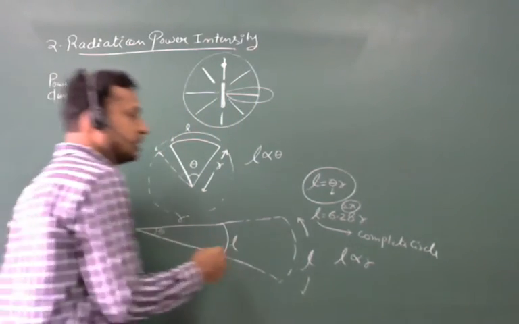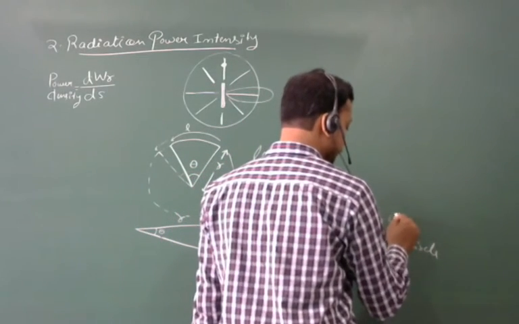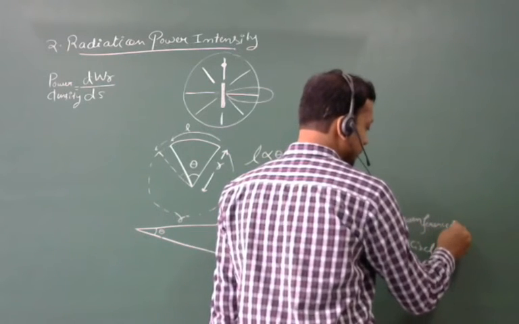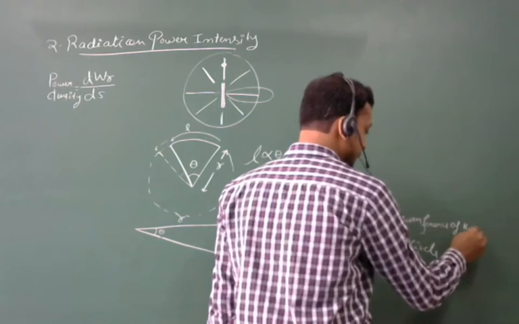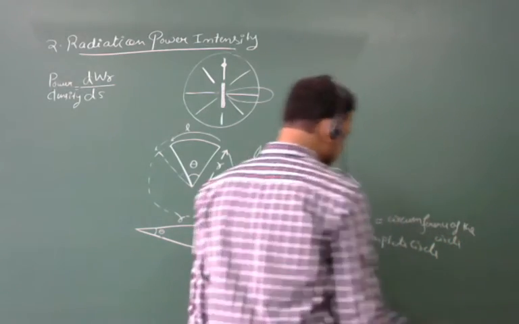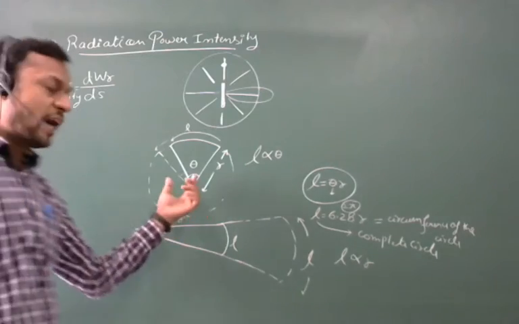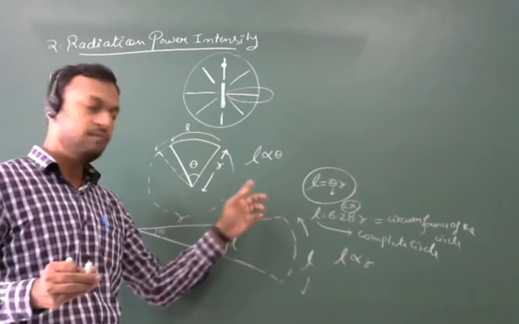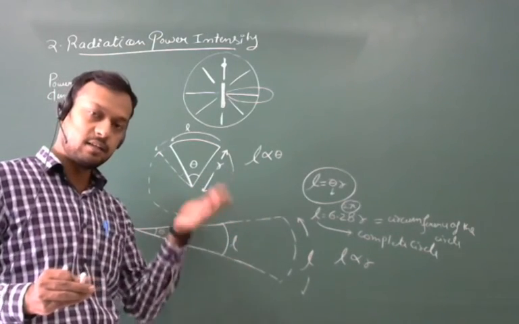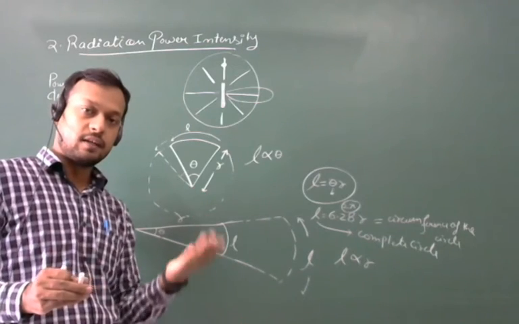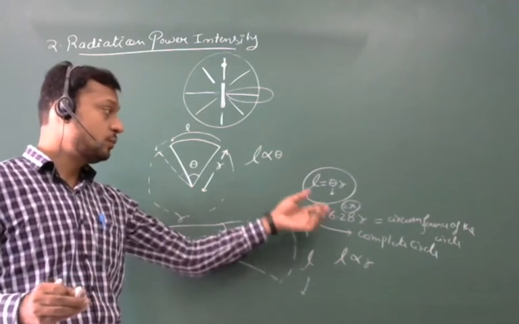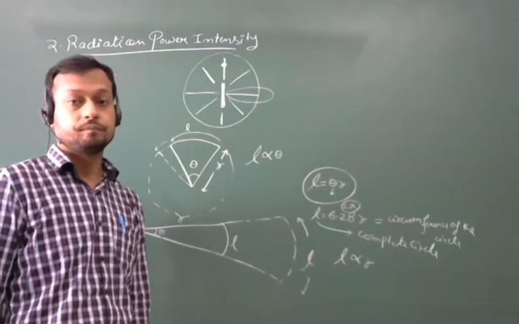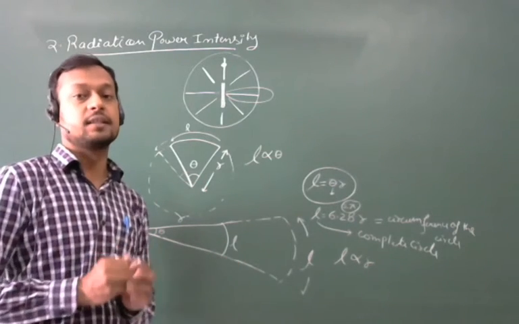So this L is equal to the circumference of the circle. So a wide opening of theta will result in an increase in the length, and to cover this entire circular 2D area, the angle should be 6.28 or 2 pi. You get a complete circle.